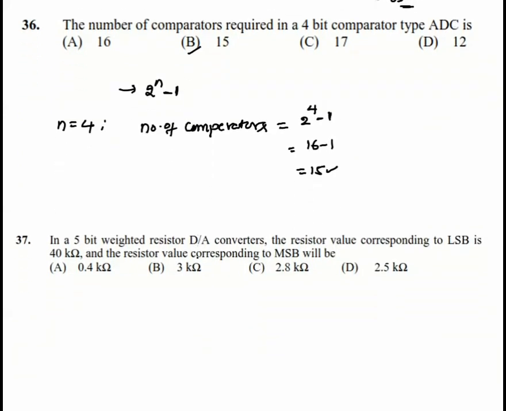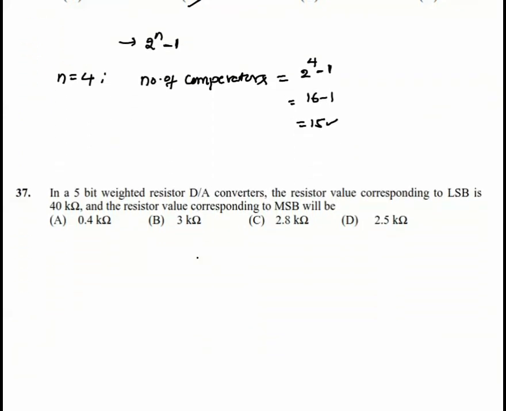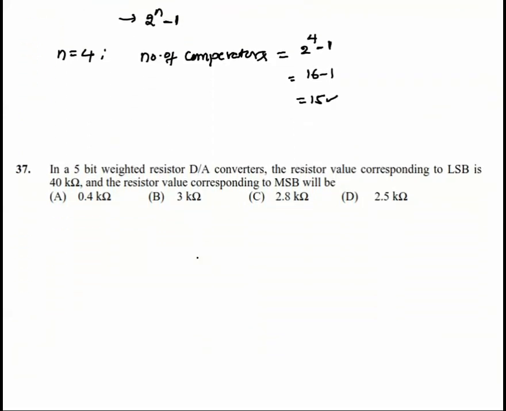In a 5-bit weighted resistor digital to analog converter, the resistor value corresponding to LSB is 40 kilo ohms, and the resistor value corresponding to MSB is? Okay, so here the relationship between RLSB and RMSB is, RLSB is always greater than RMSB.